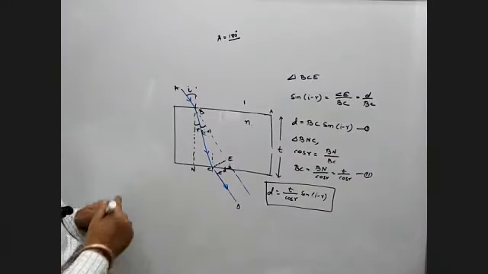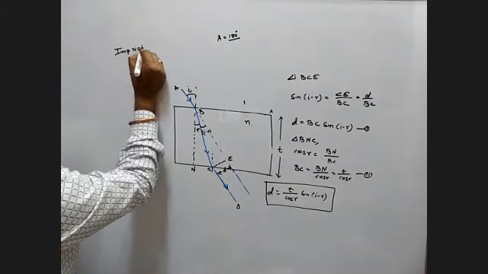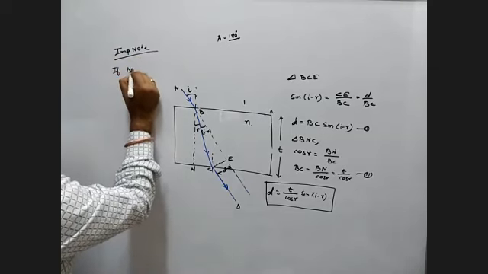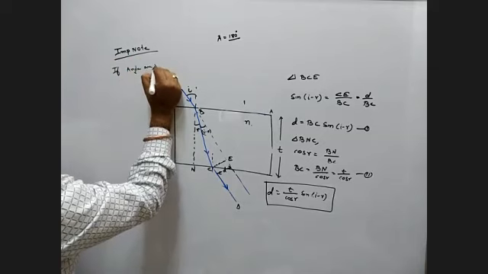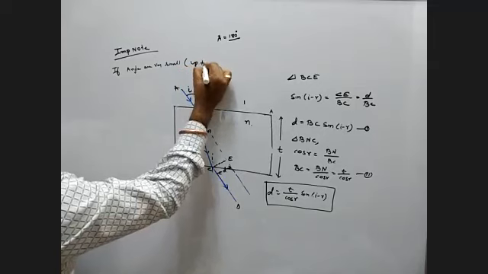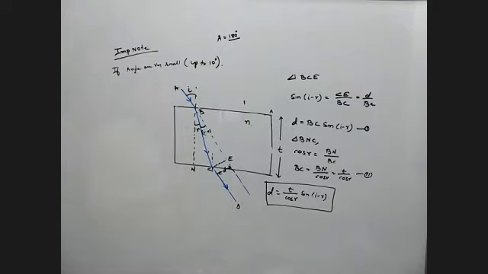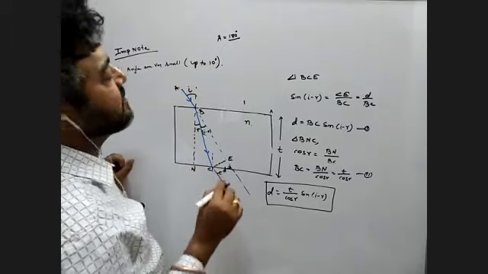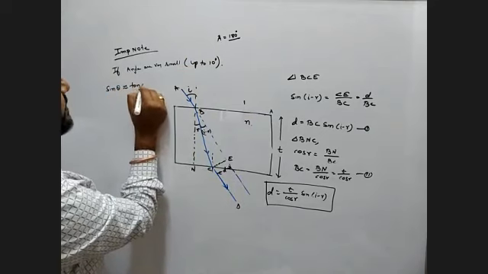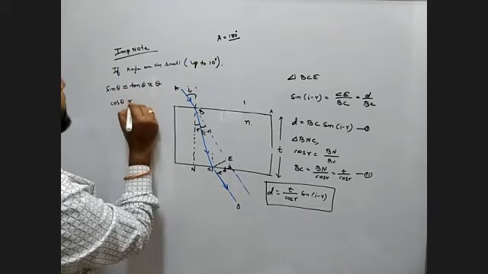The second thing, an important note: if angles are very small, up to 10 degrees, not more than 10 degrees, we all know that when the angle is very small, sine theta is nearly equal to tan theta, nearly equal to theta, and cos theta is nearly equal to 1.